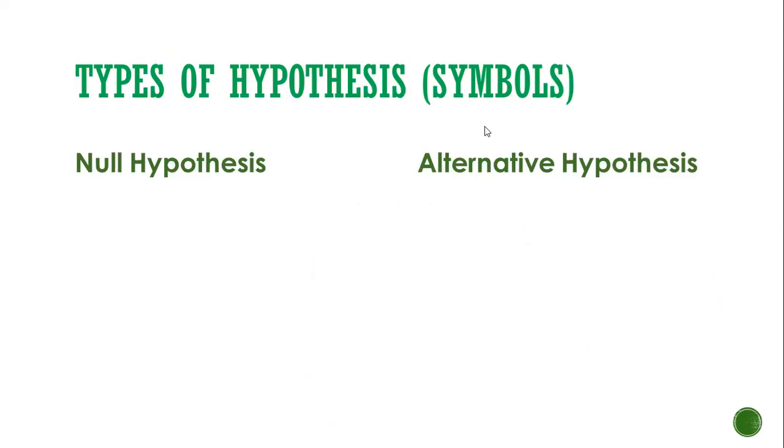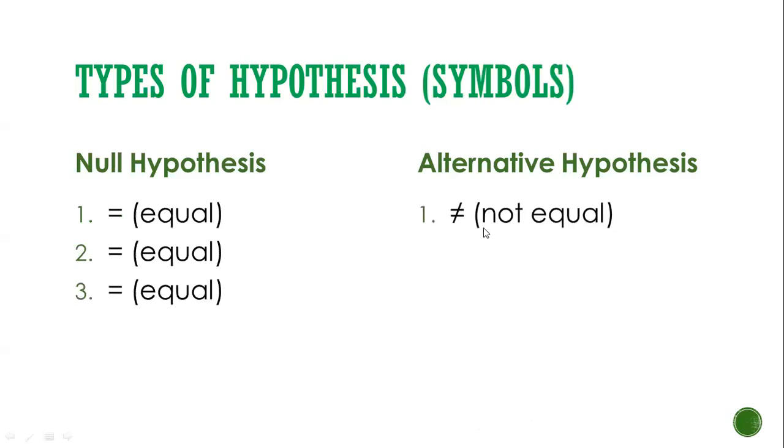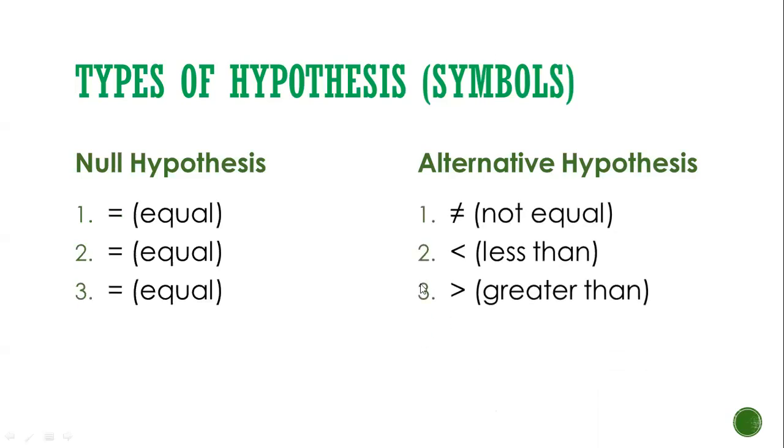Ayan. So, symbols, na-introduce ko to kanina, pero let's try to generalize it further. Okay, so your types of hypothesis using symbols. Yan ha. So, sinabi ko kanina, null hypothesis. Ano na ulit yung symbolism natin? We have your H sub O or your H naught. Alternative hypothesis is your HA.